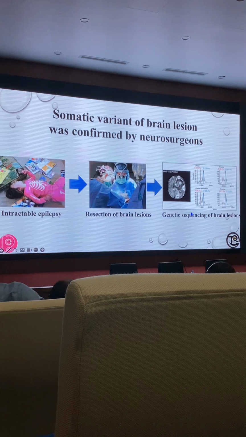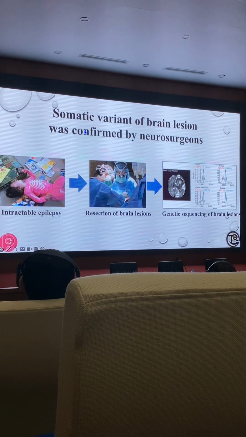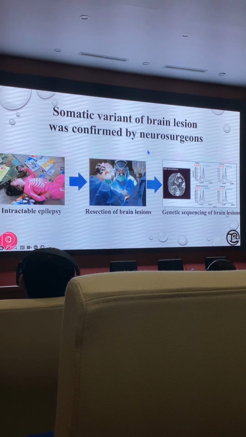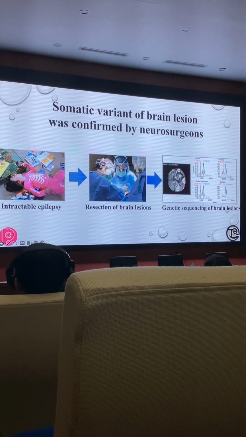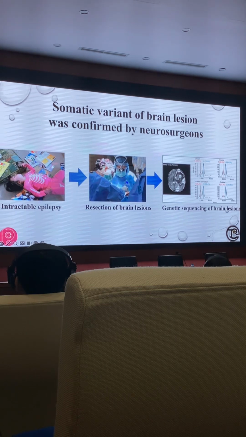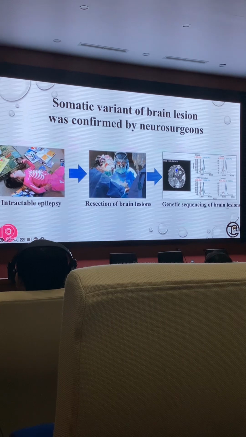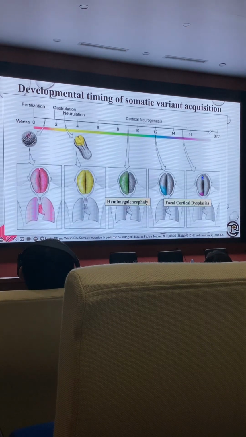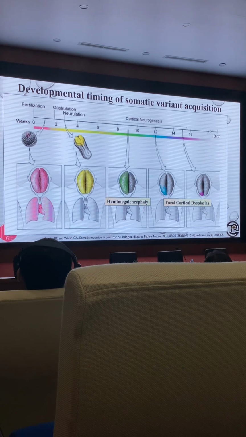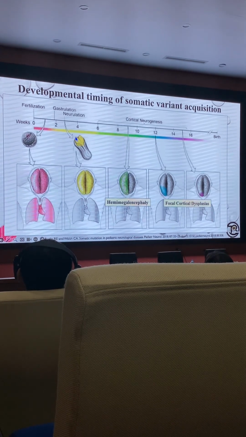Sometimes there's a somatic variant of the brain, but usually that is confirmed by the neurosurgeon in intractable epilepsy surgery, and then they take out the brain, and they find the genetic sequencing abnormality. And the somatic variant occurs because of the timing and the region.